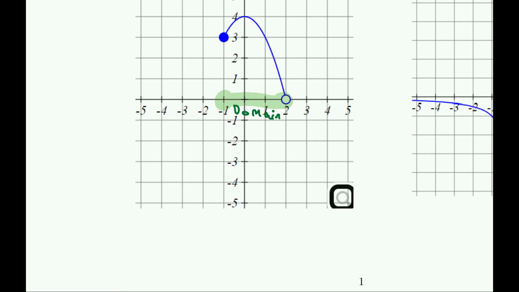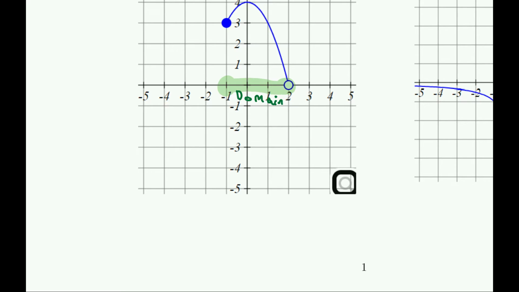So the domain is everything starting at -1 and going up to 2, because those are the x values that you see on your graph. So your domain here is an interval that starts at -1 and goes up to 2.